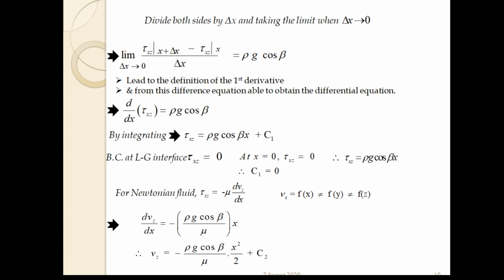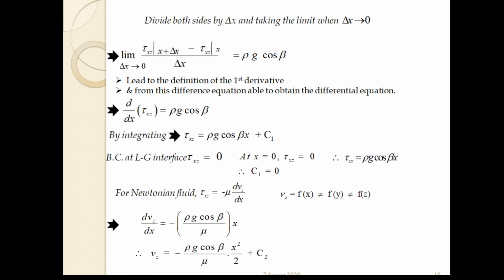To solve for c2, we use the second boundary condition, which is no slip. It tells us that at x equals delta, where delta is the film thickness, vz equals 0. So at x equals delta, the velocity in the z direction is 0. That means at the solid liquid interface the velocity must be 0, which is known as the no slip condition.